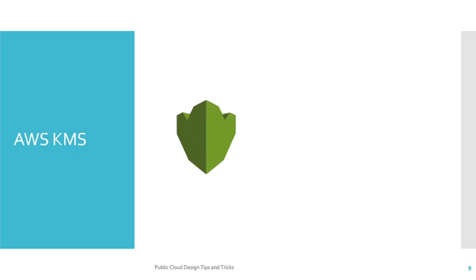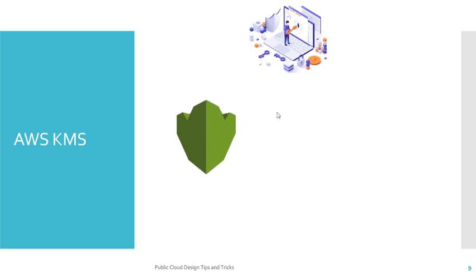Now let's try to understand what AWS KMS is. KMS is one of the services provided by AWS. AWS KMS makes it easy for you to create and manage cryptographic keys and control their use across a wide range of AWS services and in your applications as well.